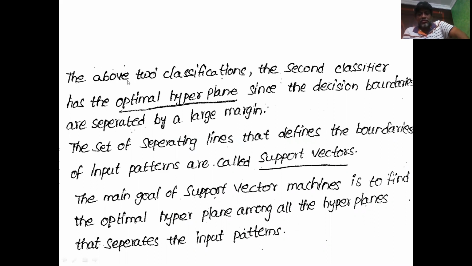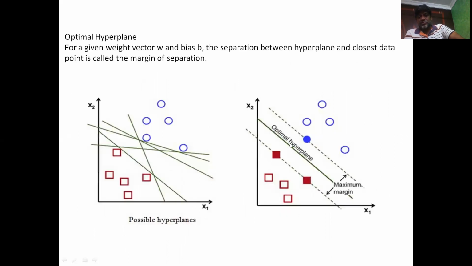If you look at the above two classifications, the second diagram shows the optimal hyperplane, since the decision boundaries are separated by a large margin. If the margin separating the corresponding input patterns is as maximum as possible, then we call that decision surface the optimal hyperplane.